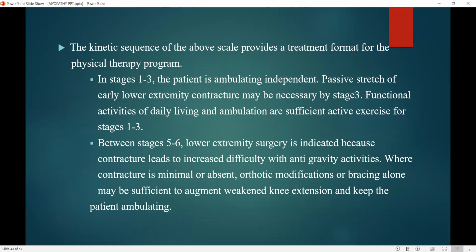Between stages 5 to 6, lower extremity surgery is indicated because the contracture leads to increased difficulty with anti-gravity activities. Where the contracture is minimal or absent, orthotic modification or bracing alone may be sufficient to augment the weakened knee extension and keep the patient ambulant.